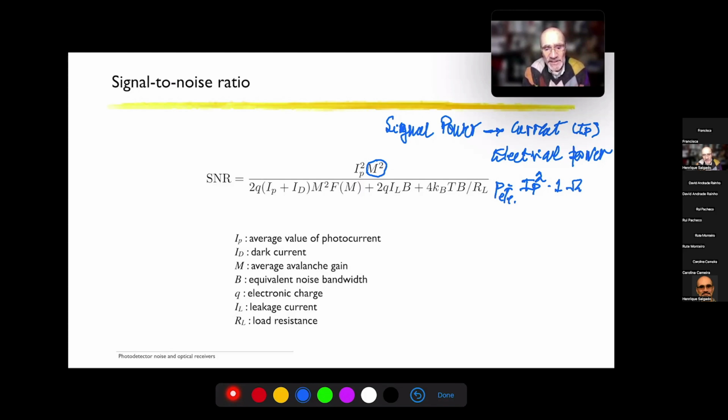If we divide the signal power by the total sources of noise that we have already quantified, namely the quantum noise, the bulk dark current, the leakage current, and thermal noise, we have the total signal-to-noise ratio as defined by this equation. This is an important equation that enables one to determine the signal-to-noise ratio if we know exactly the contribution of each noise term at the detector.